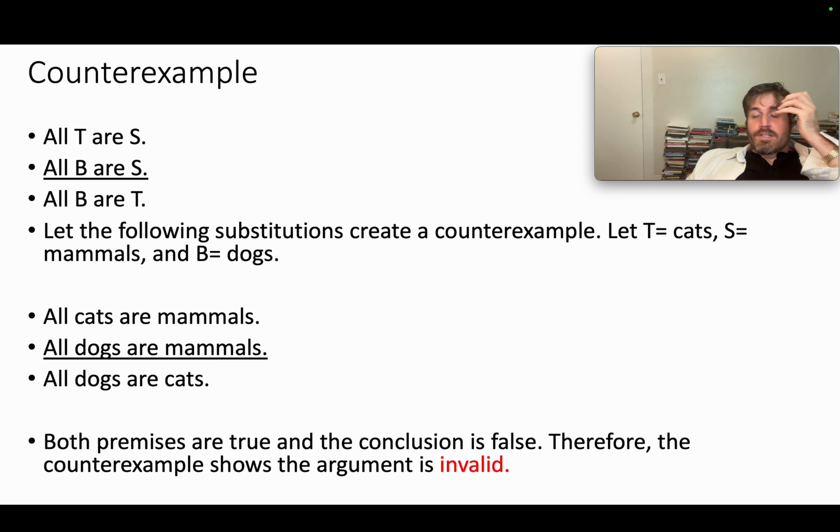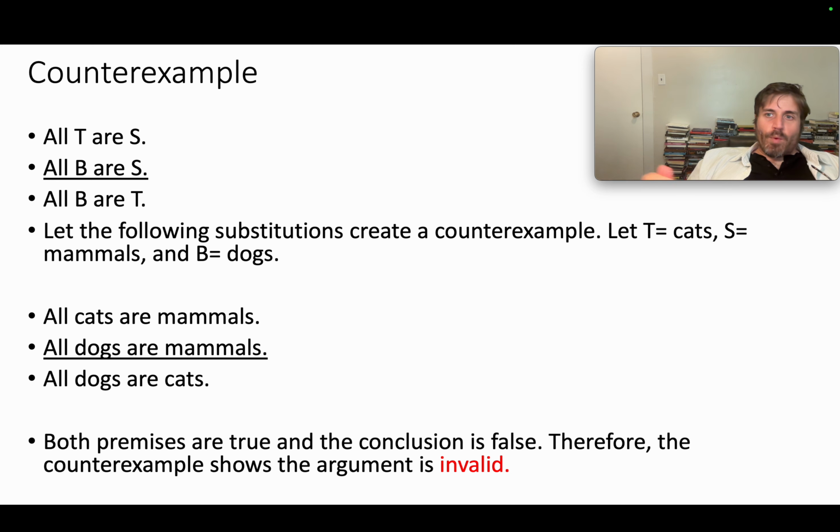All right. So this is a very nifty method that allows us to submit arguments to a kind of litmus test, as it were, in terms of their structural integrity. And it allows us to do that by cutting away the content, putting in new content, and seeing if we can generate a conclusion that is false on the basis of true premises.